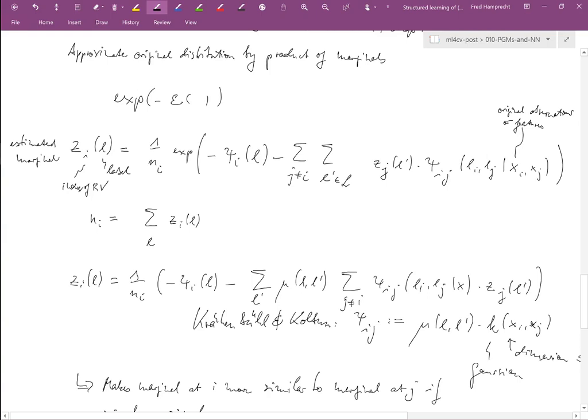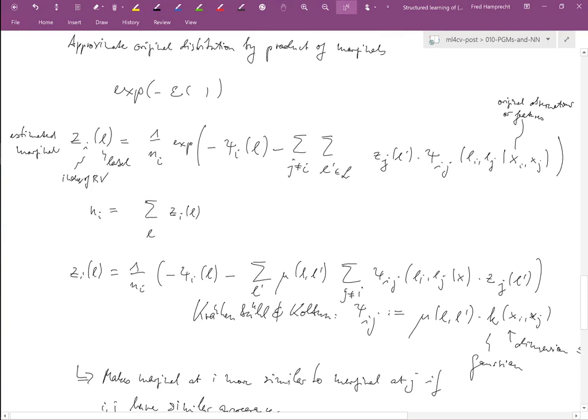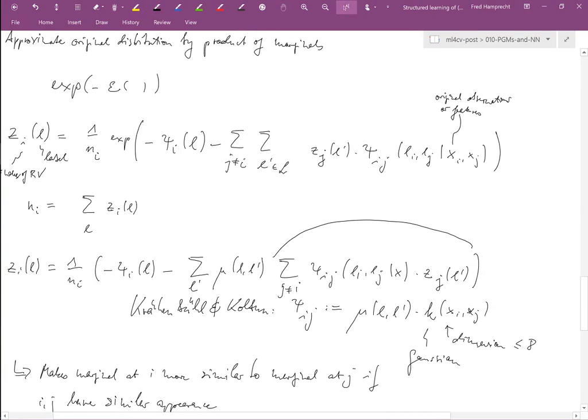So this is the update equation, and we will see in a moment how this can be done efficiently. Oh, I shouldn't have written psi here, but k, excuse me. Psi is what I wanted to replace by k times mu. Okay, sorry. So I have k of x_i and x_j.